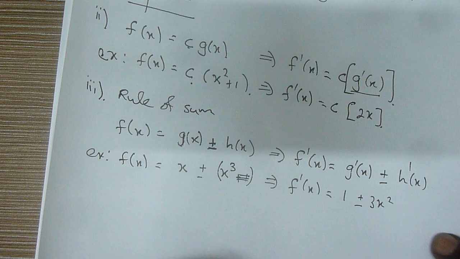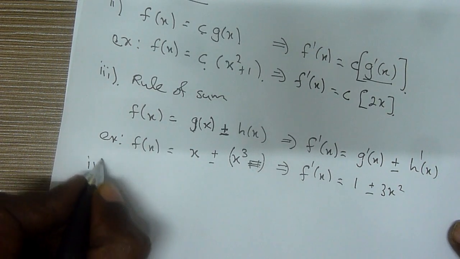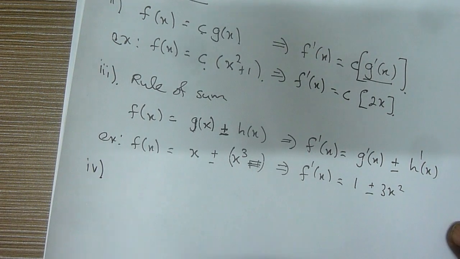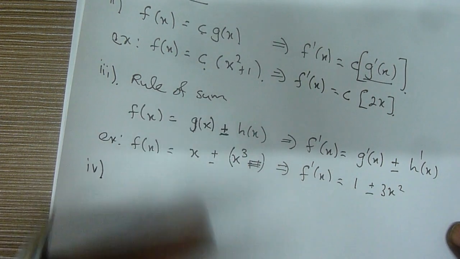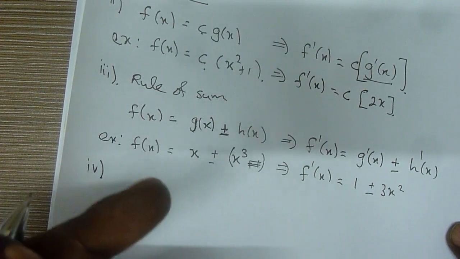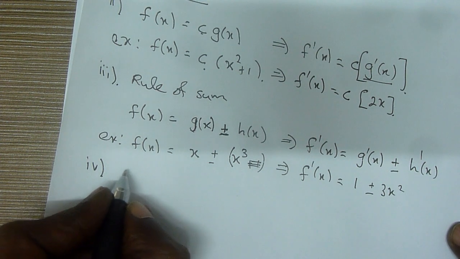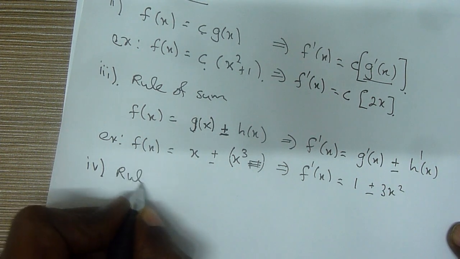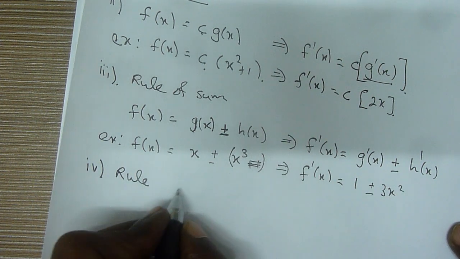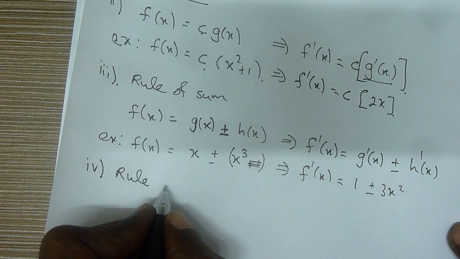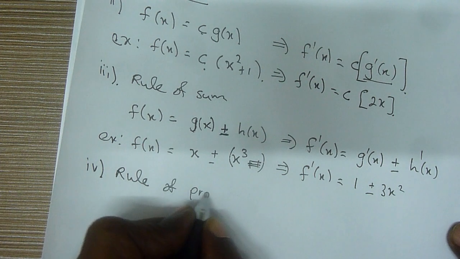And the next one is number 4. I think I will introduce around 12 techniques. We will see how many we can go, because it depends on how I define the function. Okay, rule of product.